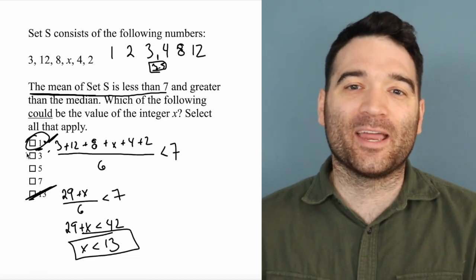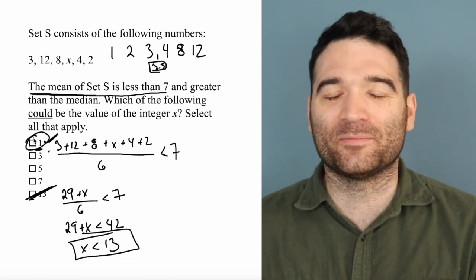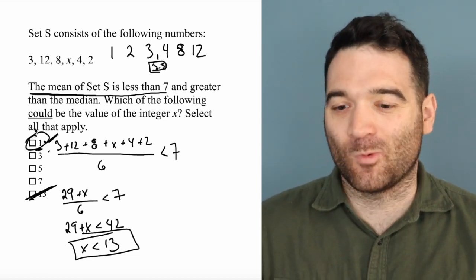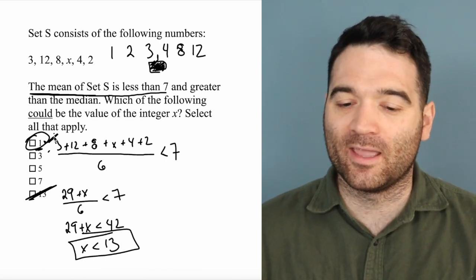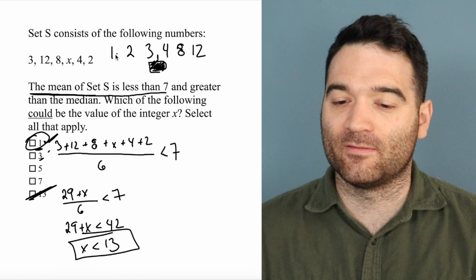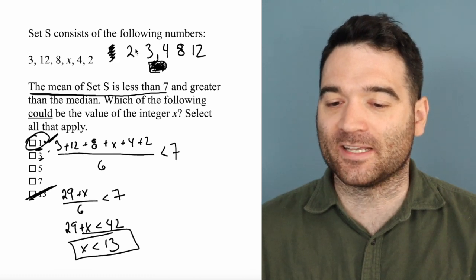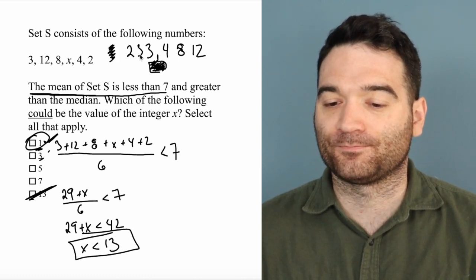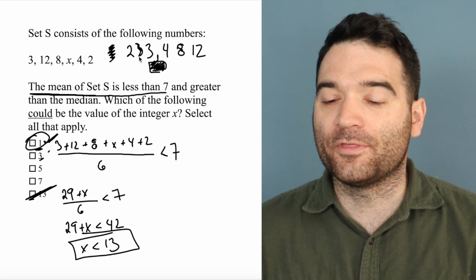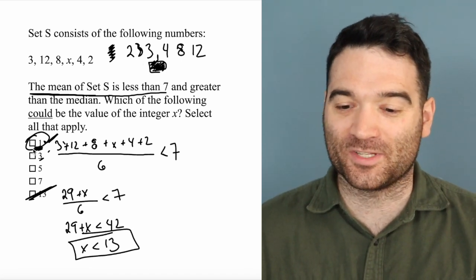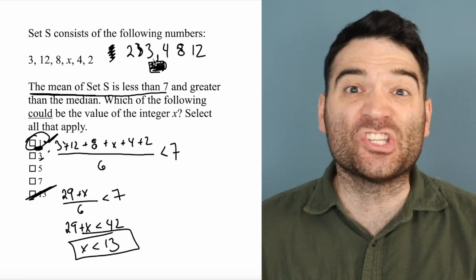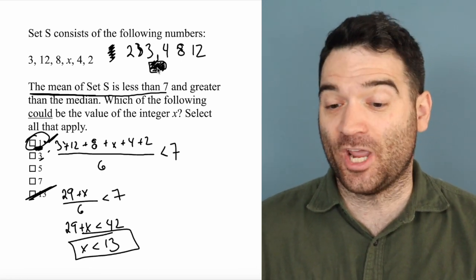And you might say, oh man, do I have to do this for all the rest of the numbers? Well, not quite. And here's why. Let me throw in 3 here now, right? So I'm taking out 1. That was the one I tested. I'm putting in 3. The old median of this one, the one that we just had, was 3.5. It's still 3.5, so the median hasn't changed.